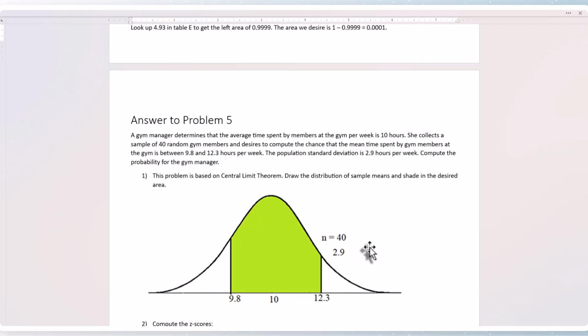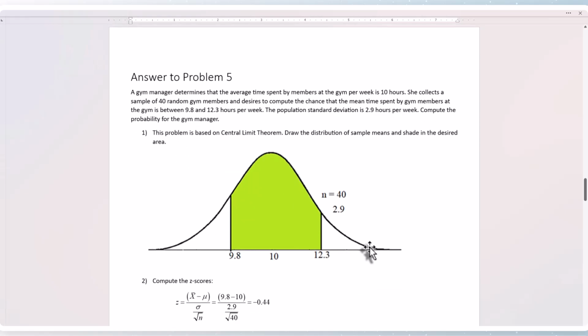We have another question involving the central limit theorem. It says a gym manager determines that the average time spent by members at the gym per week is 10 hours. She collects a sample of 40 random gym members and desires to compute the chance that the mean time spent by the members is between 9.8 and 12.3 hours per week. Population standard deviation is 2.9.